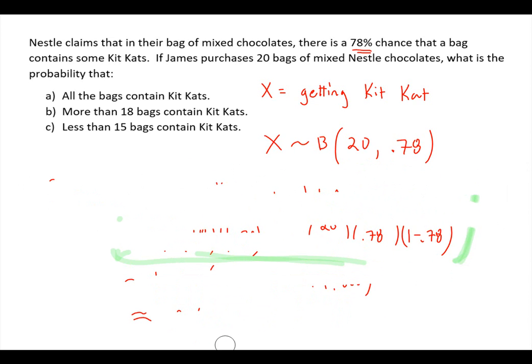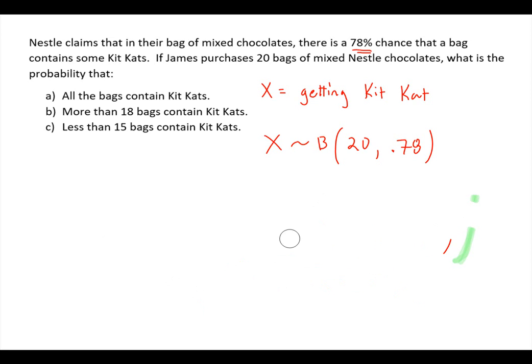The probability that less than 15 bags have Kit Kats. Less than 15 actually means x could be 14, 13, 12, 11, 10, 9, 8, going all the way down to 0.